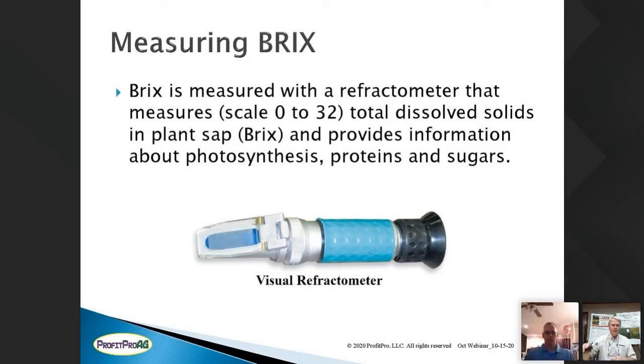Takes you 5 minutes to get out of your pickup. Take the garlic press I've got in my hand. You put the crop leaf in there, alfalfa, soybeans, corn, wheat. You lift the lid, squeeze the juice onto the refractometer, close the lid, look into it, and it'll give you a scale from 0 to 30.